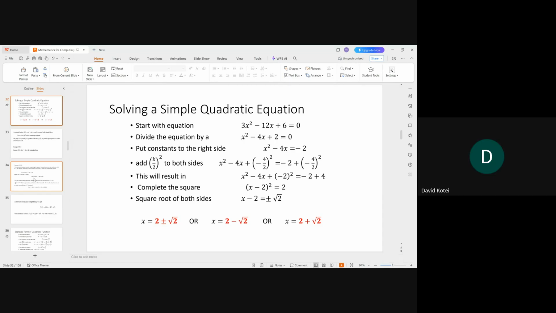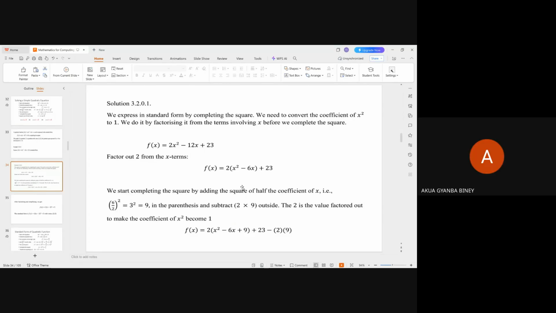If you cast your mind back, what we did was at a point in time we will factorize, because if the coefficient of x squared is not 1, you can't continue to complete the square. That is why here it did the factorization.